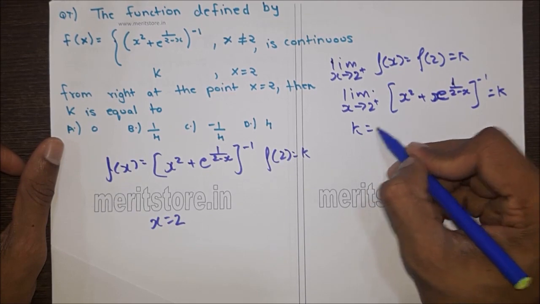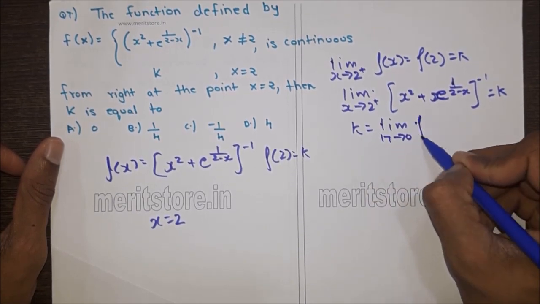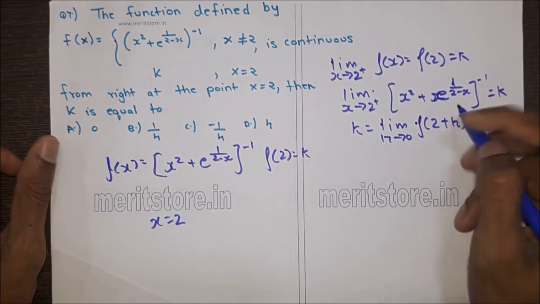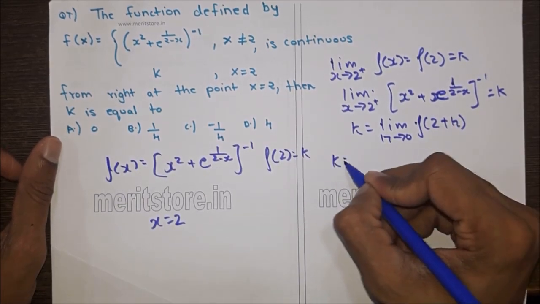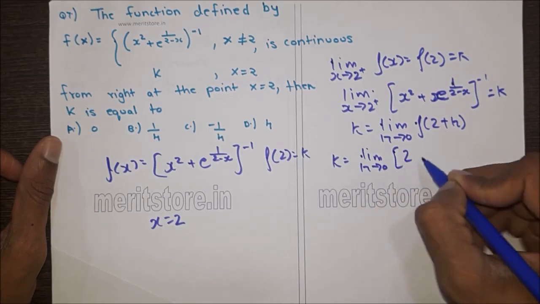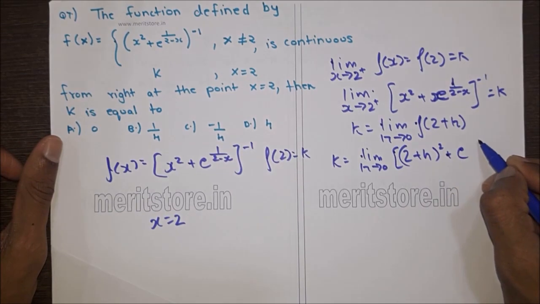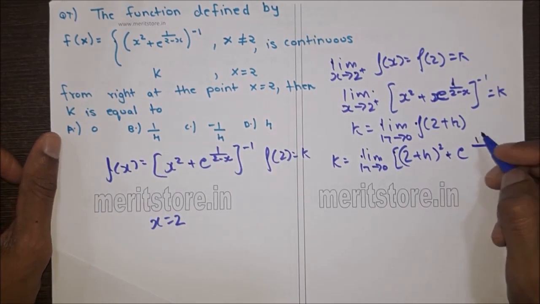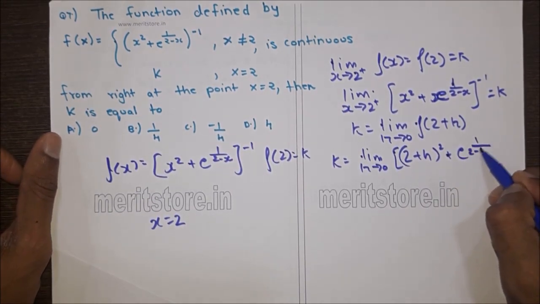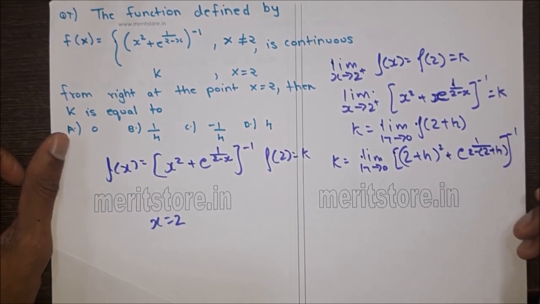We get k is equal to the limit as h approaches 0 of f(2 + h). Therefore, we get k equal to the limit as h approaches 0 of (2 + h)² + (e^(1/(2-(2+h))) - 1)^(-1).